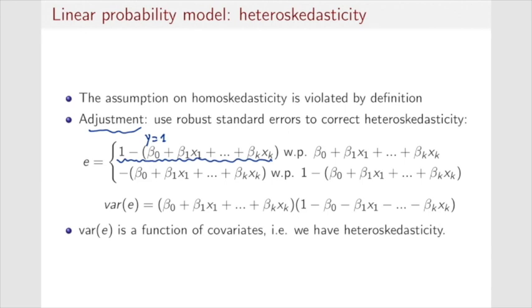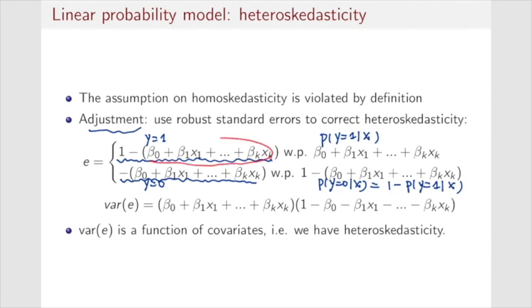And the probability for the error term to equal this value is the probability that y equals 1 conditional on x. If y equals 0, then the error term is minus this linear component, and the probability for the event, the probability y equals 0 conditional on x, is 1 minus the probability that y equals 1.